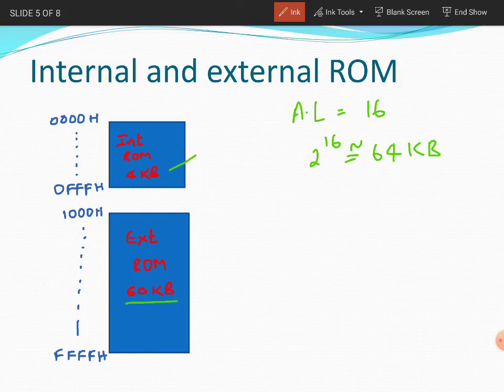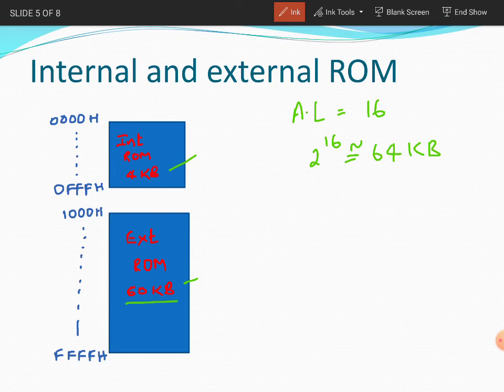The address range is from 0000 to 0FFF, and after 0FFF the next is 1000 to FFFF. So this is about internal and external ROM.